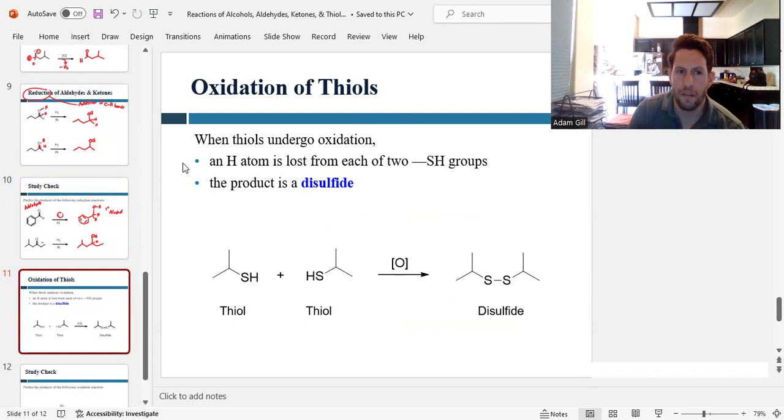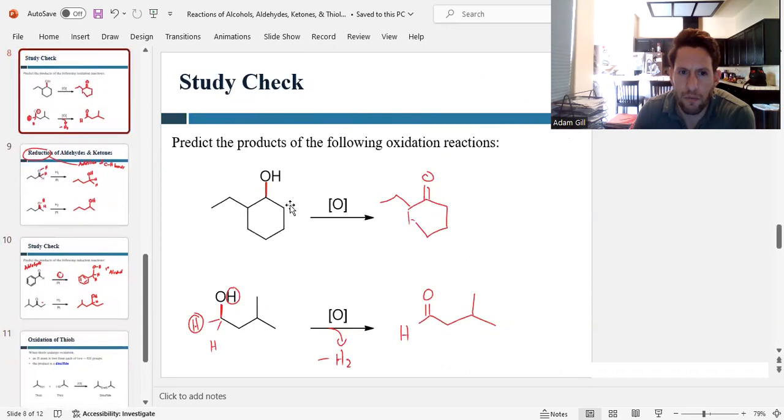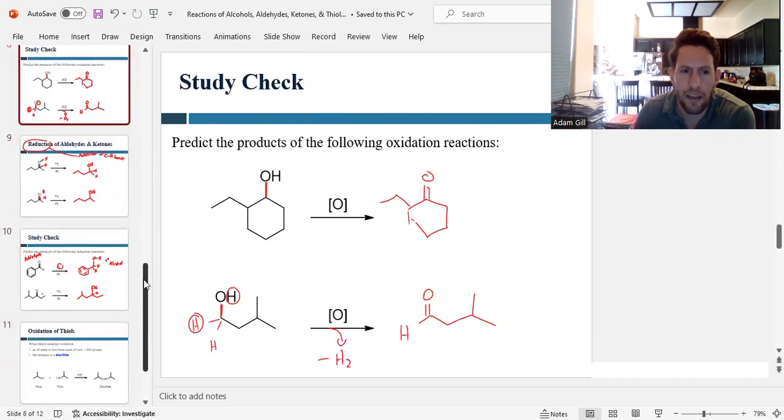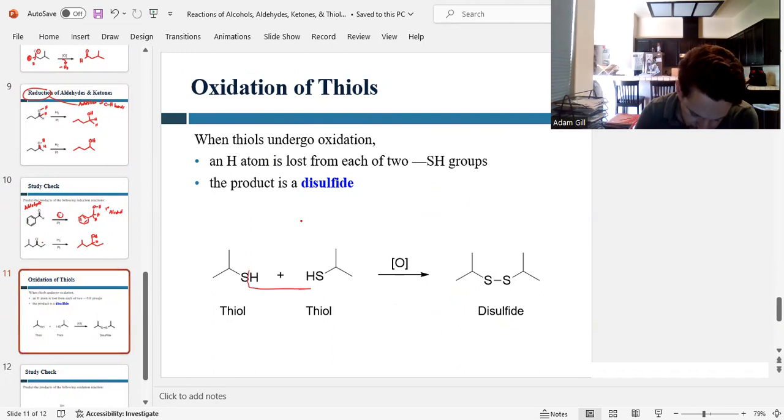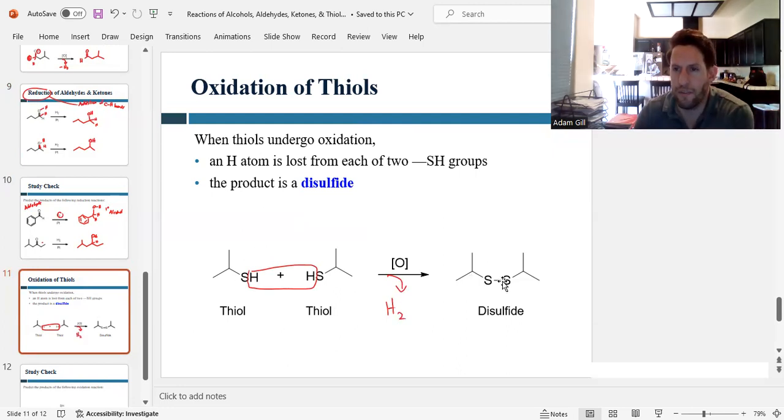Now, let's talk about the oxidation of thiols. So thiols behave a little differently. When we oxidize, we're removing hydrogens, and that is true for thiols as well. So when we oxidize these, we're going to be removing the two hydrogens, and we're going to be connecting the sulfurs together.